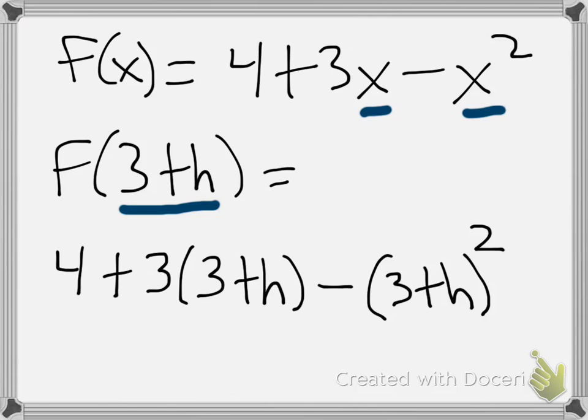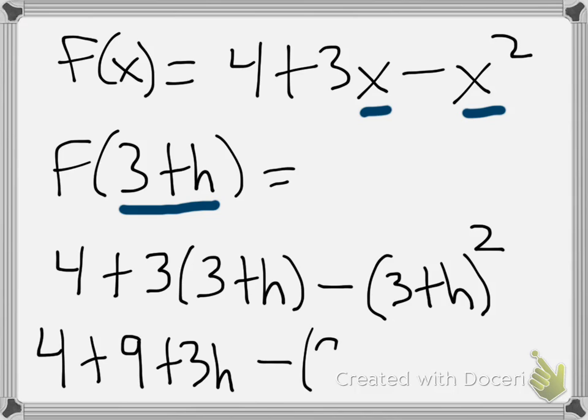So now I want to try to simplify this expression a bit. So this is 4 plus 9 plus 3h minus, well, if I square the expression first, this is 9 plus 6h plus h squared. So now I'm a bit out of room, so let's keep going with that expression.